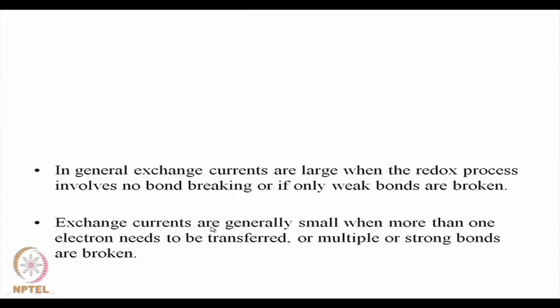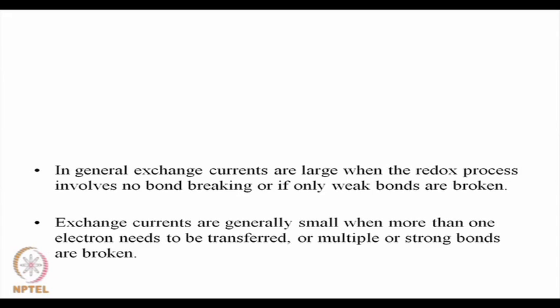Now, in general, exchange currents are large when redox processes involve no bond breaking, or if only weak bonds are broken. And exchange currents are generally small when more than one electron needs to be transferred, or strong bonds are broken.